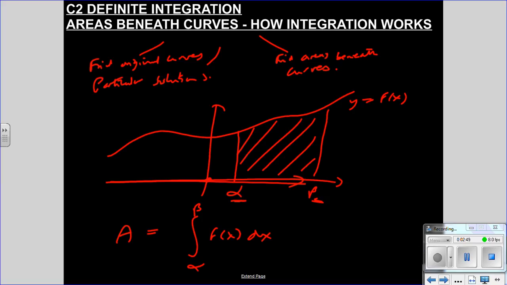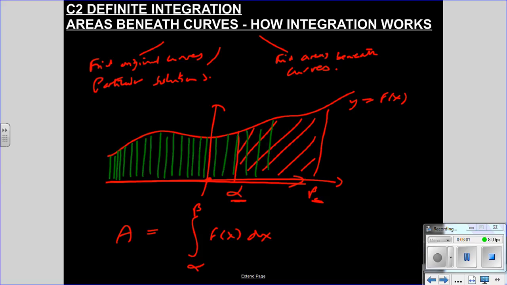We agreed in class that integration splits the area up into an infinite number of rectangles with zero width, i.e., as you told me in class, lines. And that goes from minus infinity all the way up to that boundary beta.